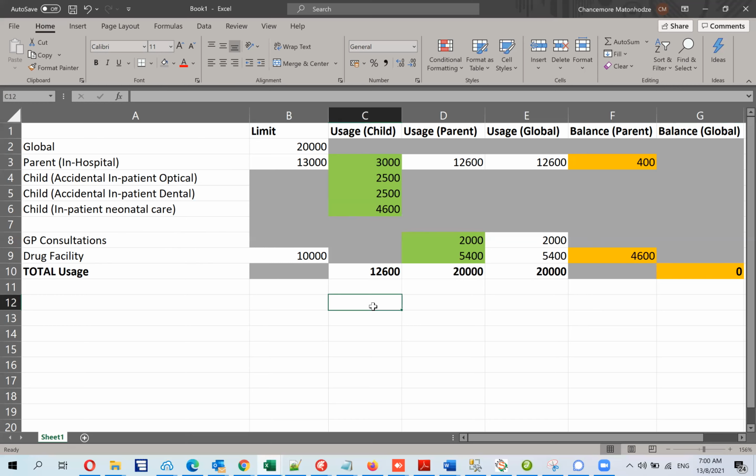At this point, the shortfall is equal to what was supposed to be drawn, 1,000, minus what was available in the global limit, 600. This becomes a shortfall for this client. Beyond this point, any claim that they make will be a 100% shortfall, because there is no more balance in the global limit.